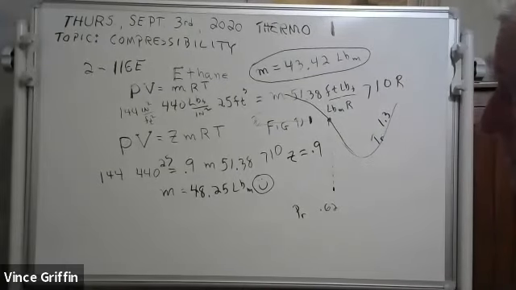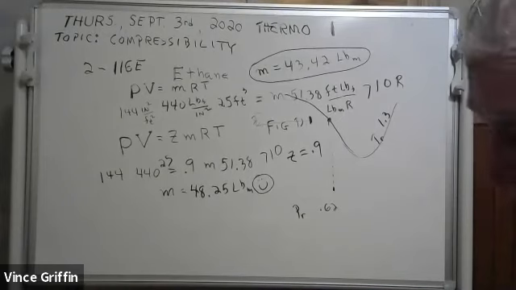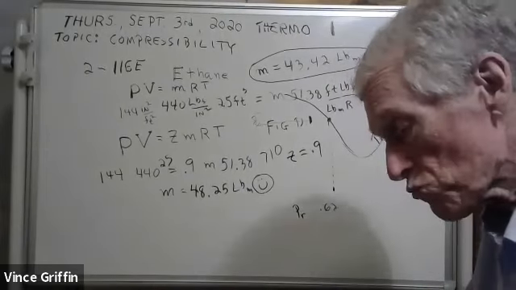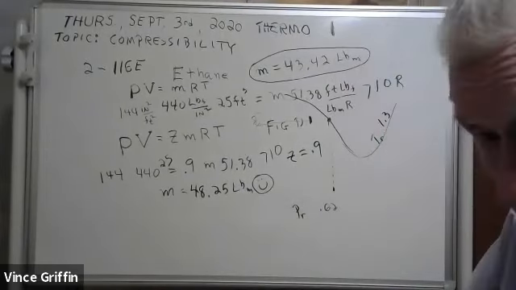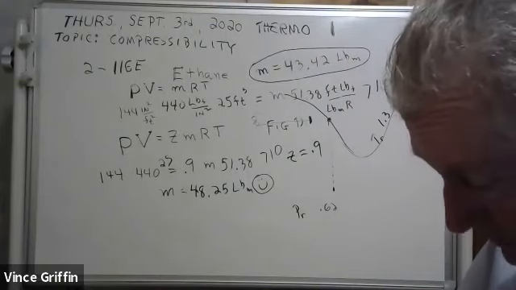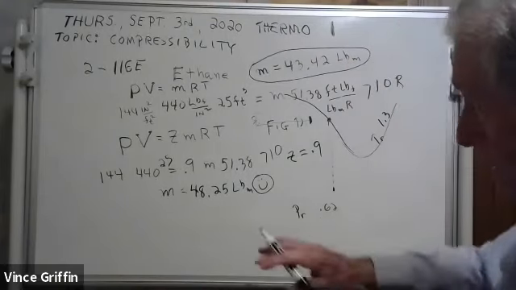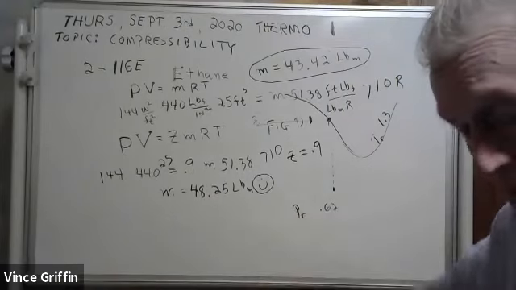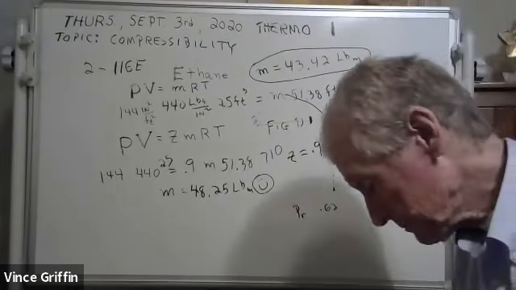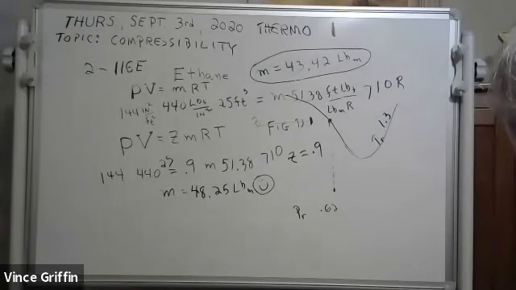See, compressibility is a more accurate model. Now, if we had a table, it would be even more accurate. But I'm going to wait till I hear a couple more uh-huhs on that 48. Yeah. Uh-huh. Yeah, I heard one there. Okay.